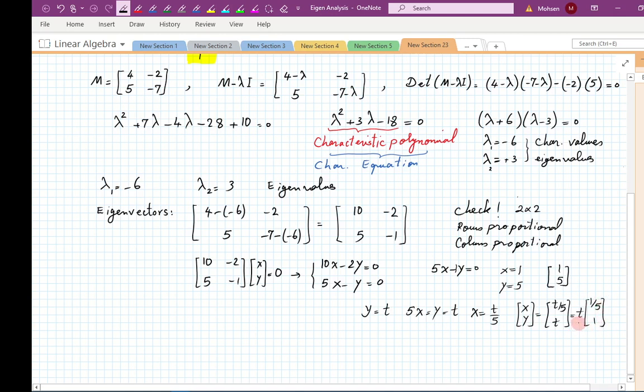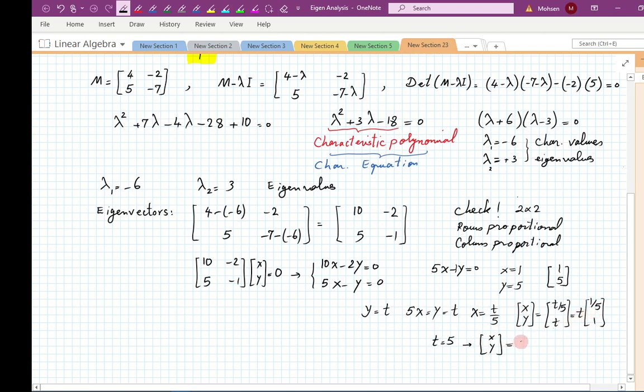Okay, any t is good. Just to make our life easier, we go after the common denominator of these things, and pick the smallest positive thing. So t equal to 5. I can choose t to be any number, so I choose t equal to 5 so that when I multiply, I get friendly numbers.